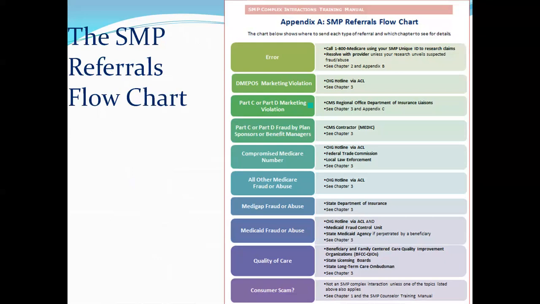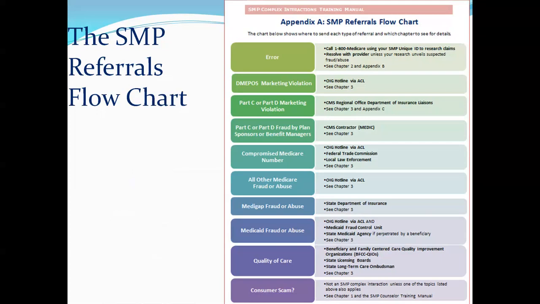Part C and D fraud usually goes to the MEDIC, the drug integrity contractor. Any compromised Medicare numbers, I send to the Office of Inspector General so they can flag those. Any other Medicare fraud, I send to the Office of Inspector General.